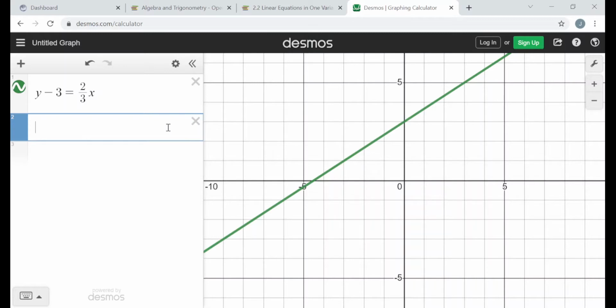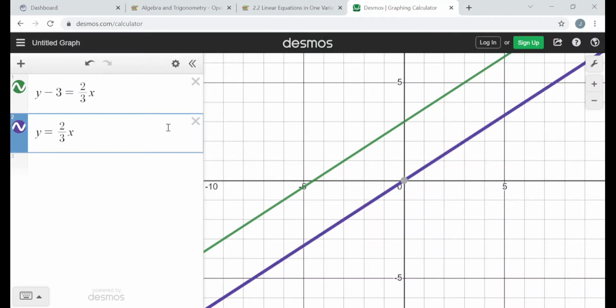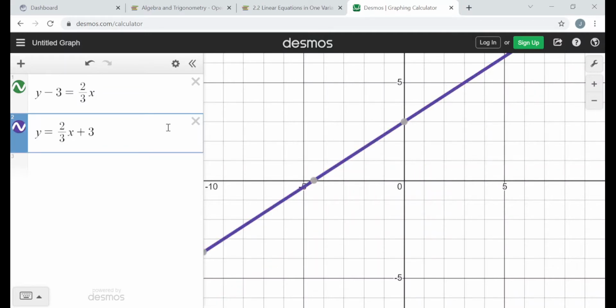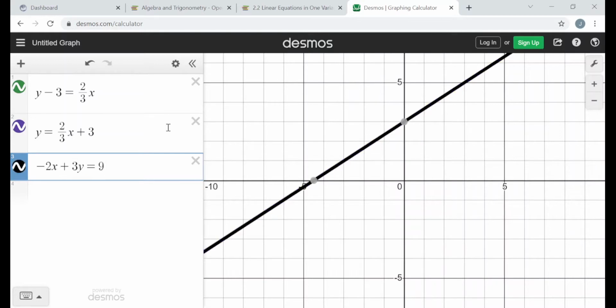Make a table. Slope-intercept, y equals 2/3 times x plus 3. Look at that, right on top of it, same line. Standard form I ended up with, negative 2x plus 3y equals 9. And look at that, same line. Shows up right on top of the others. All right. Wonderful. Fantastic.